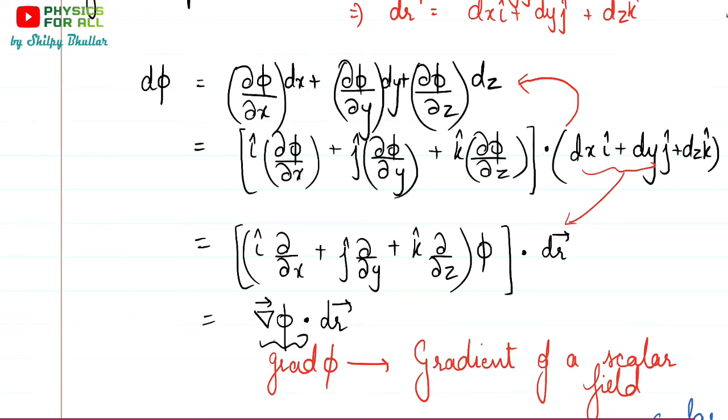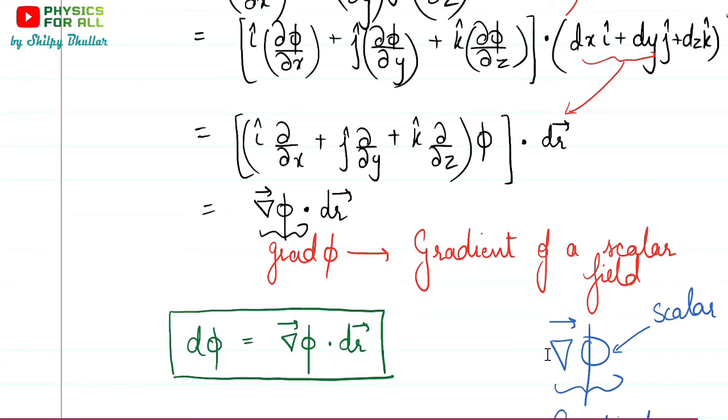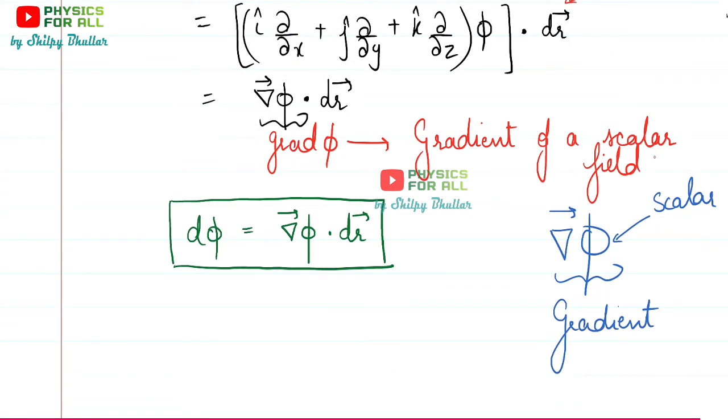And now this del phi, we call it grad phi, and this is the quantity known as the gradient of a scalar field. So all in all, what we are left with is d phi equals del phi dot dr.